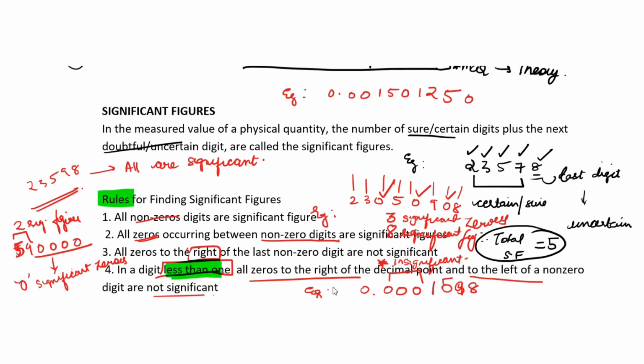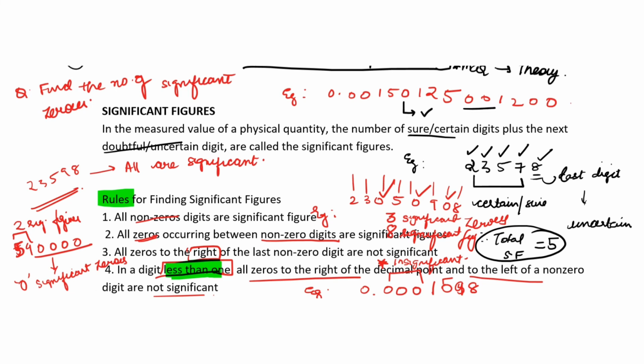Okay, now I'll give you a question. Find the number of significant figures in this number. Okay, not significant figures, significant zeros. So the question is 0.001501250001200. So tell me, what are all the significant zeros here? The first zero here, in 1501, is between 5 and 1, so it's between two non-zero digits.